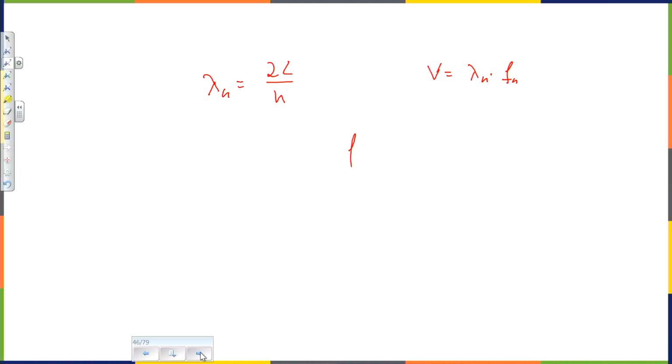And if I want to solve this equation for the frequency, frequency will be equal to speed divided by the wavelength, the nth frequency. So n times speed over 2L, and this number n runs from 1, well, technically to infinity. But every next mode will be less energetic. n equal to 1 means the lowest fundamental frequency.